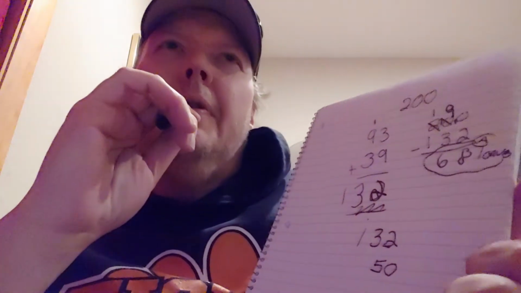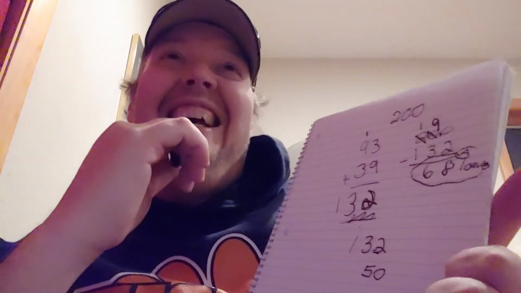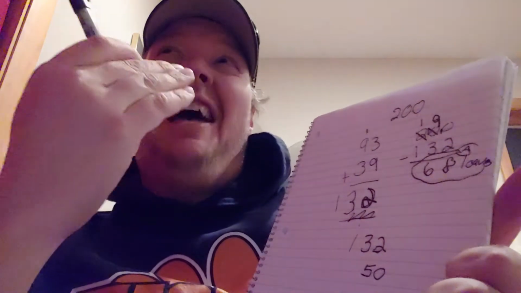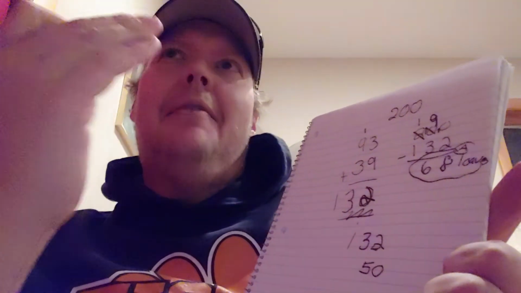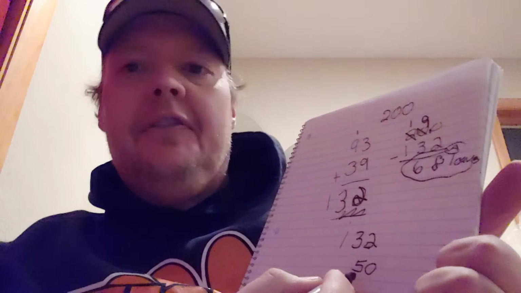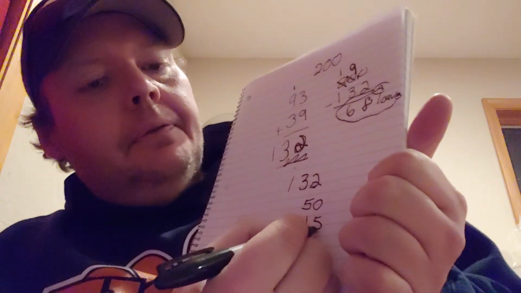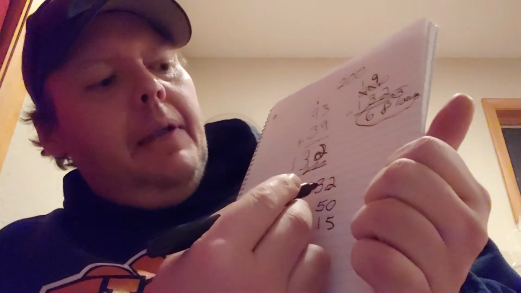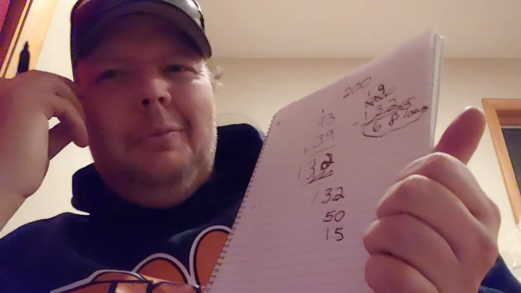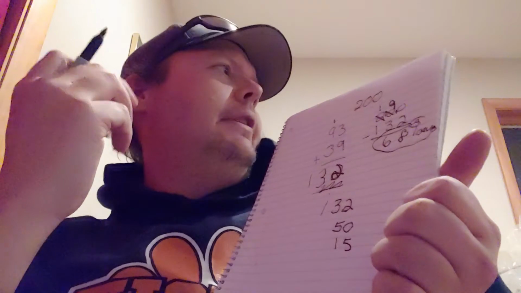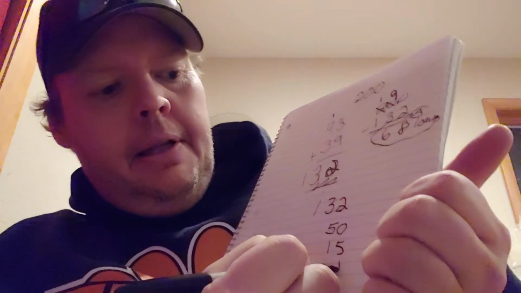Well, what's half of 30? Let's see. Oh, I know half of 20 is 10. 30 would be 10 more. Well, half of 10 is 5. So 10 and 5 would be 15. So half of 30 is 15. So I'm going to write my 15 right here. And then what's half of 2? Maybe Andre knows. No, he's already sleeping. So we're going to have to just go with 1.